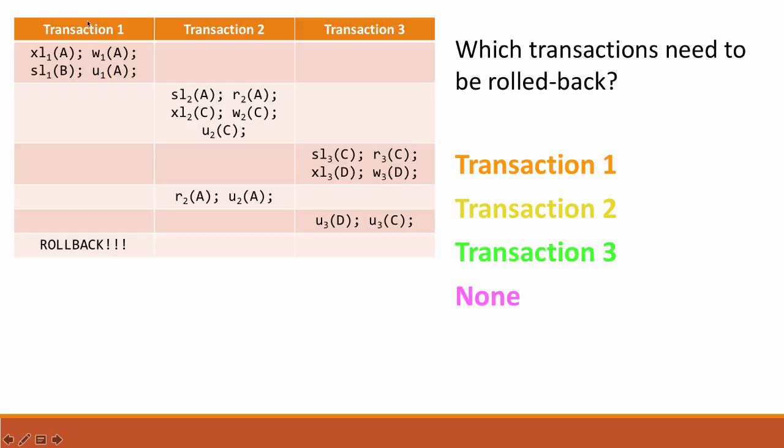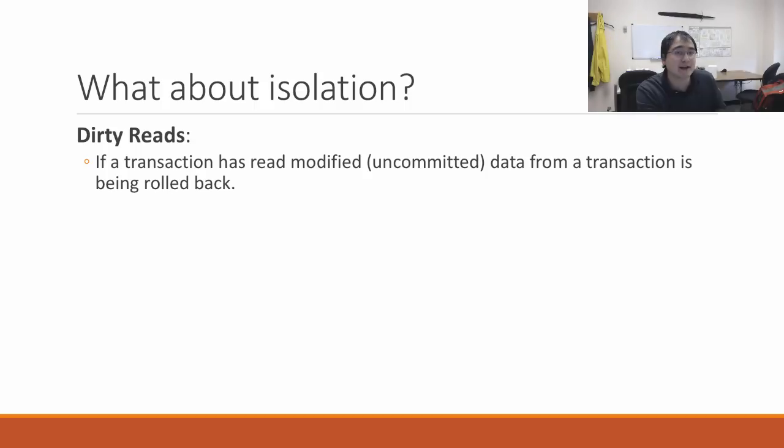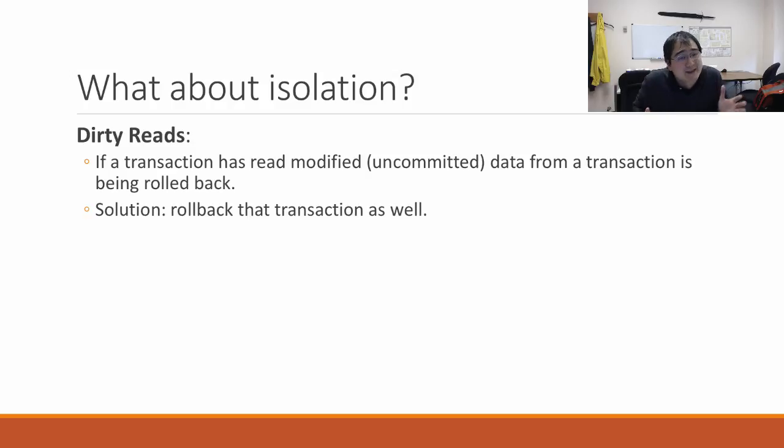This guy could have seen the writes that transaction 1 did, and these two transactions could have seen those writes because transaction 1 unlocked A. Okay, so this problem of a rollback violating isolation is what's called dirty reads. If a transaction has read modified but uncommitted data from a transaction that's rolled back, it is now dirty. And so the solution to that is you need to roll back that transaction as well.